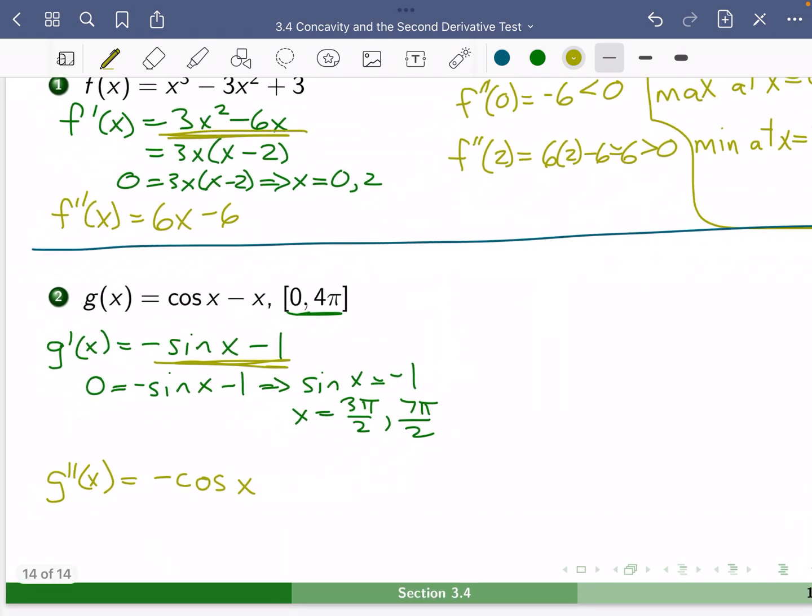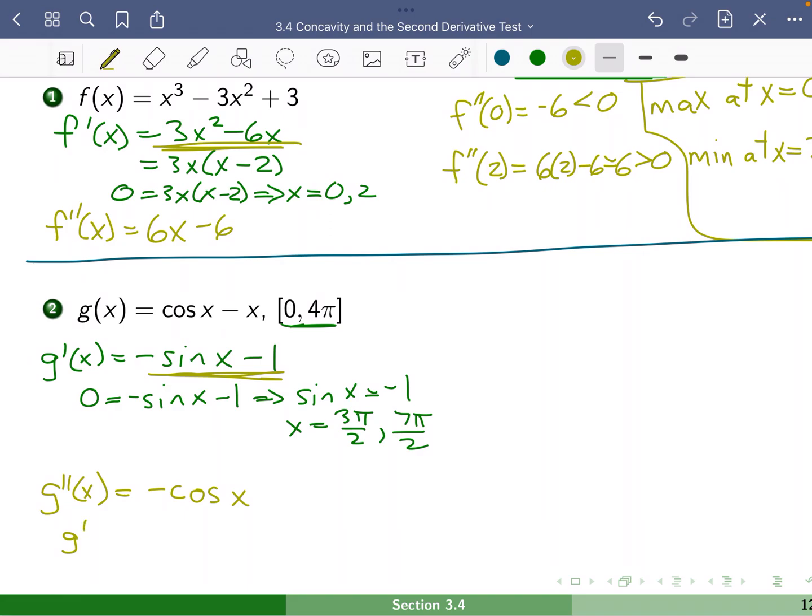Well, we are going to plug 3 pi over 2 into our second derivative, so the negative cosine of 3 pi over 2. That is 0. Okay, so let's leave that for a minute. Let's look at 7 pi over 2, see if this is any better. And we also get 0.